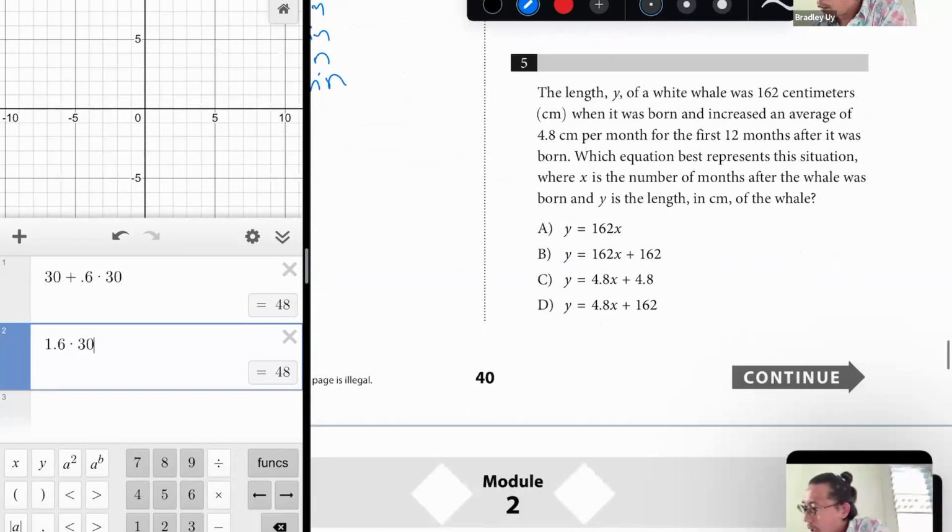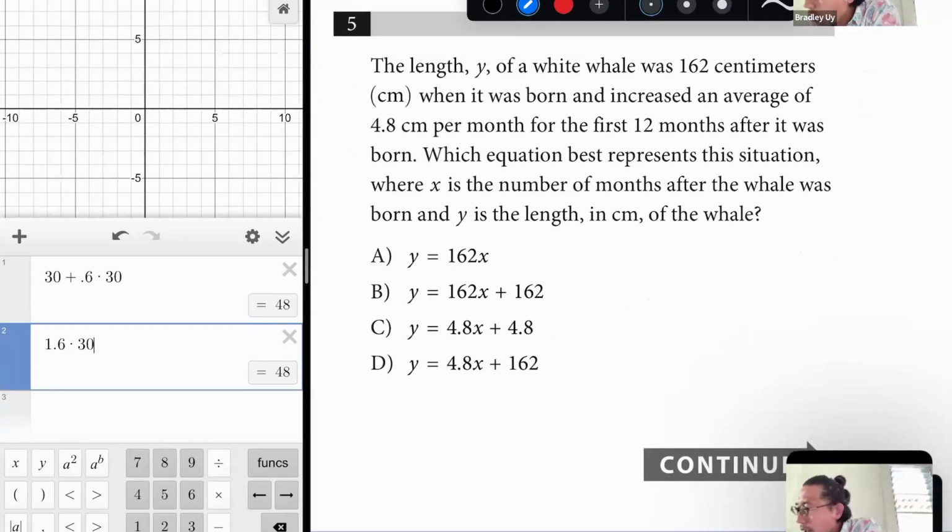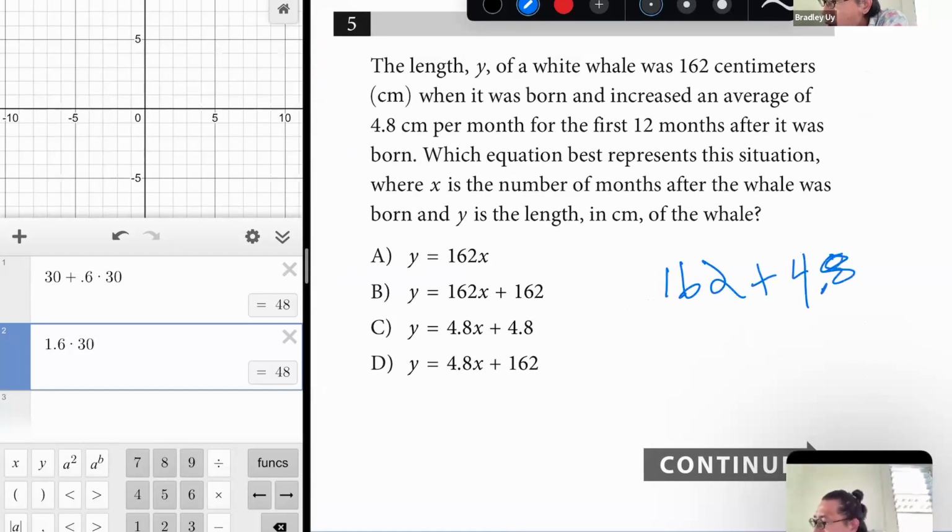Next. The length of a white whale is 162 centimeters when it's born, and it increases at an average of 4.8. This is basically slope-intercept form, where 162 is the y-intercept, x is age, and y is length.